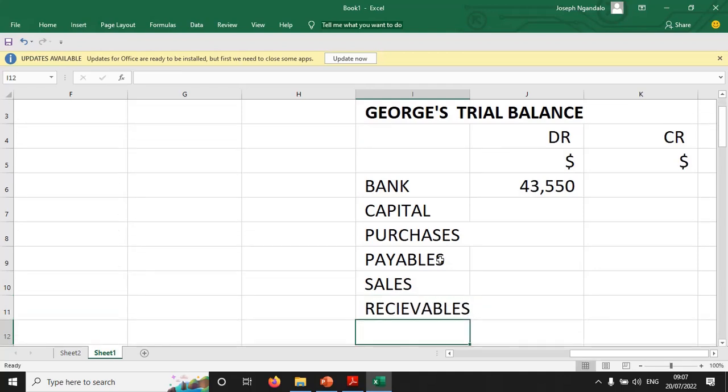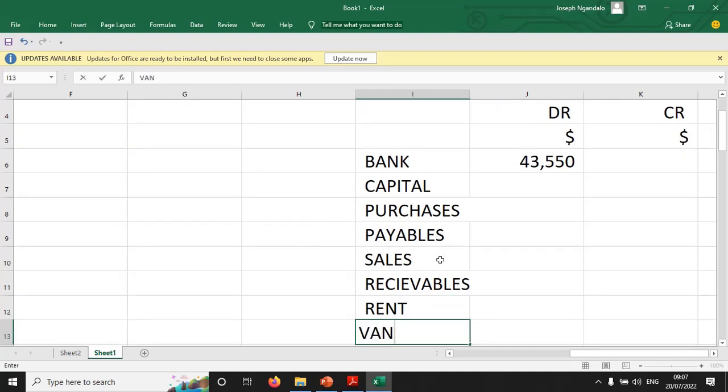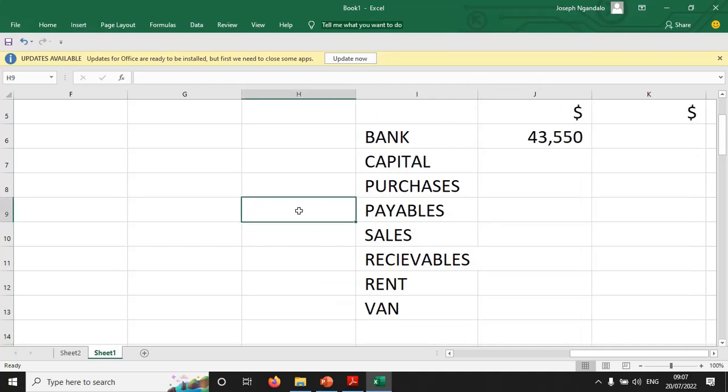There is what? There is rent. There's van, right? That's all? I think so. Hello? Nice one. So you see now, we're almost there. Once we do these works, we should be done there.